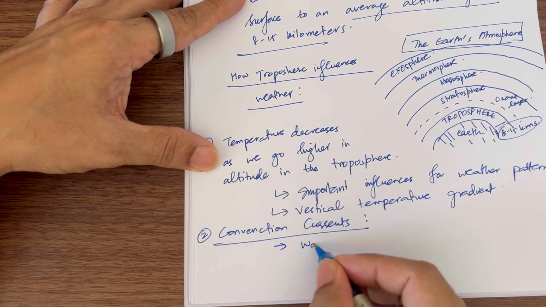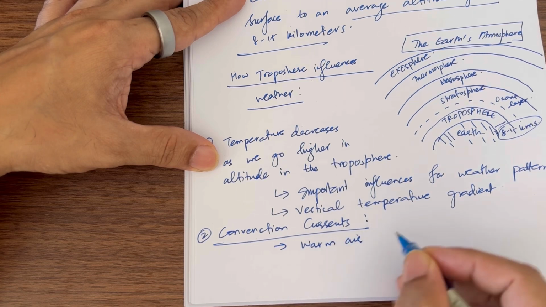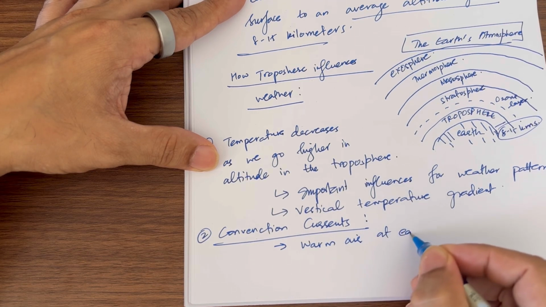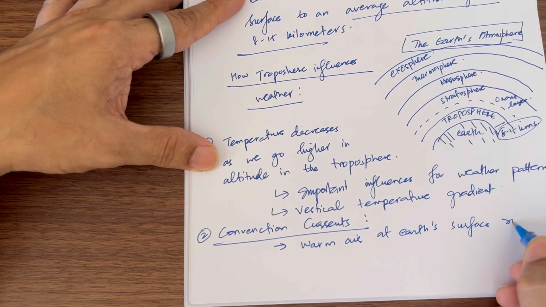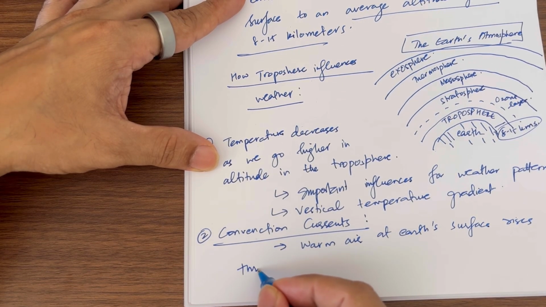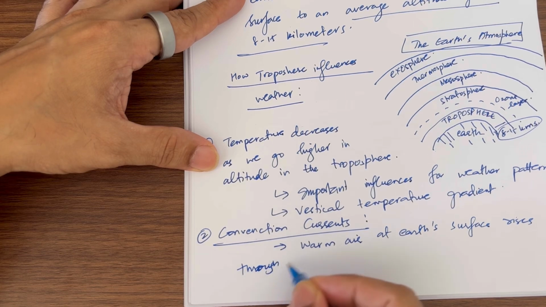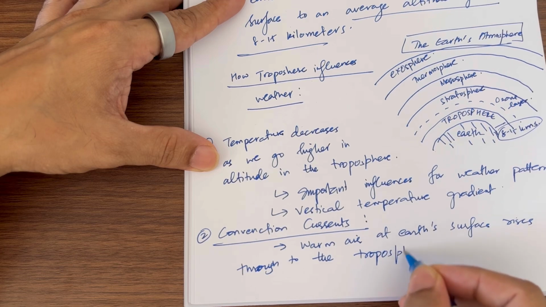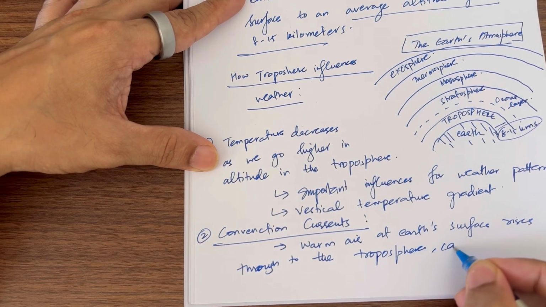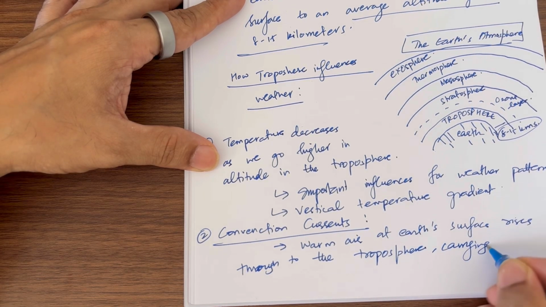So warm air at Earth's surface rises through to the troposphere, carrying moisture.